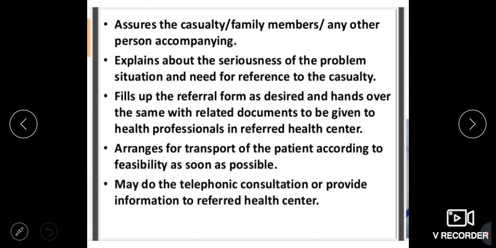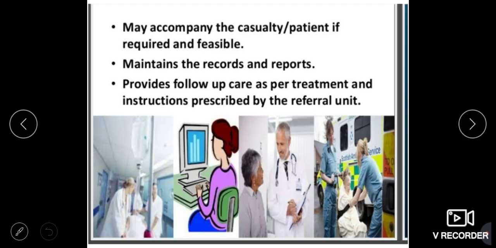Fill up the referral form as required and hand it over, arrange transport of the patient according to feasibility as soon as possible, may do telephonic consultation or provide information to the referred health centers, may accompany the casualty or patient if required or feasible, maintain records and reports.